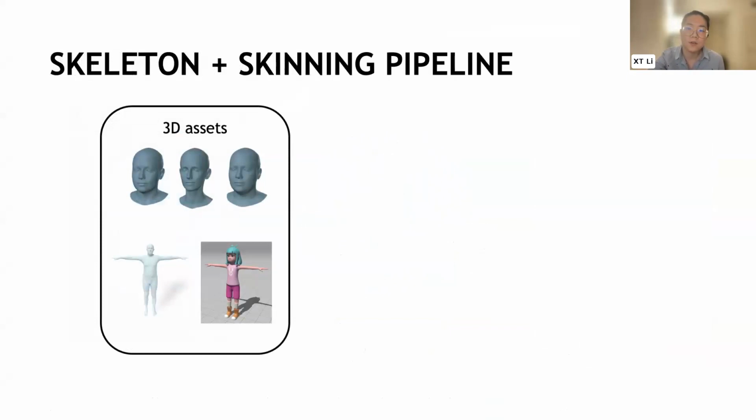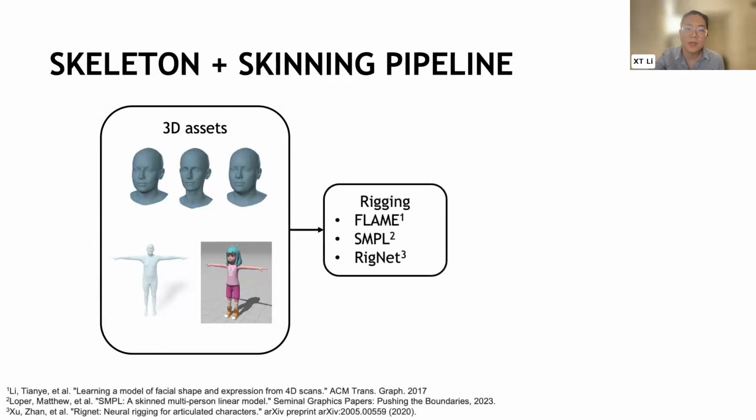In the conventional rigging-based pipeline, we would start with some 3D assets, usually the meshes of human portraits, human bodies, or stylized characters in the rest pose. And then we either manually design or learn the skeleton structure, joint transformations and the skinning weights of these 3D characters to enable motion.